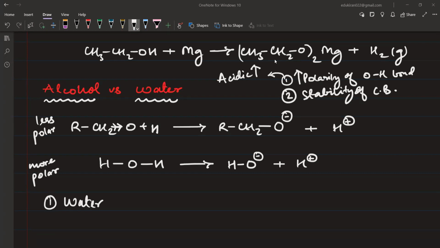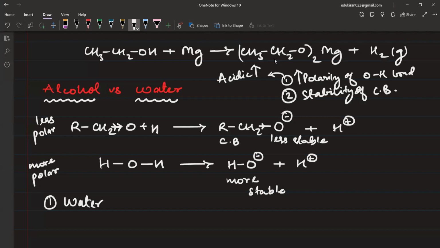So what will happen? This will be less stable due to the presence of electron donating group. The negative charge will increase, which will make the conjugate base less stable. But we don't have such electron donating group in OH. That is why it will be more stable. Now, more stable क्या है आपका? There's a comparative word, okay?